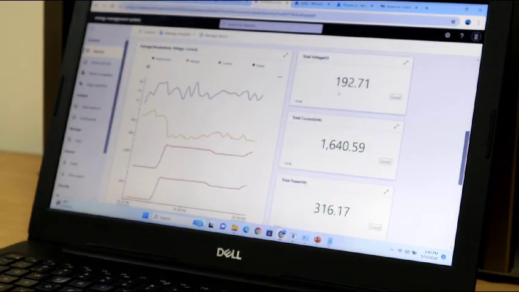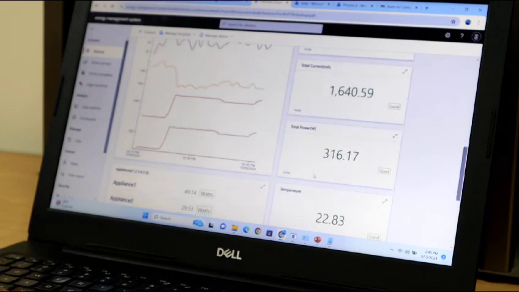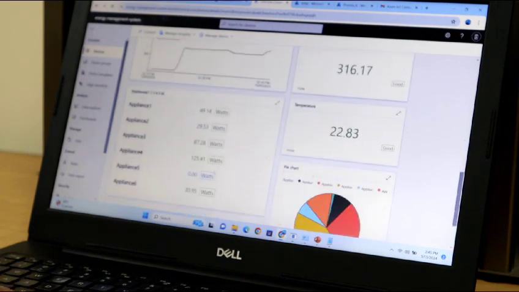Our voltage is like 192 volts, current is in milliamps, and the total power consumption of this communication lab instantaneously is 316 watts, and this block shows the power consumption of each appliance. For example, our first LED consumes 49 watts, our LED plus fan consumes 84 and 120 watts.